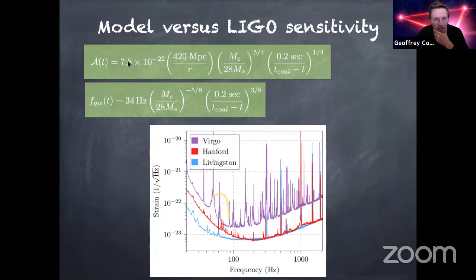Basically, this factor cancels, so it's basically 10 to the minus 22. So you are in here, and the 32 hertz is here. When you have the coalescence, you go to higher frequencies and the amplitude grows, and then at coalescence the amplitude just decays. So you see that you are inside the LIGO band with this estimation.